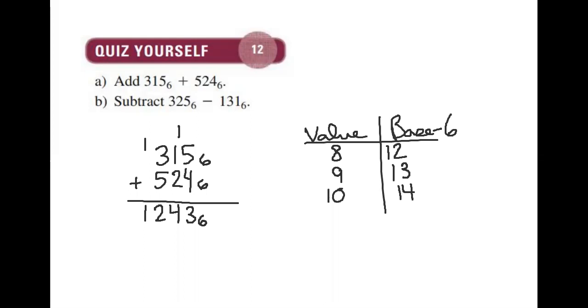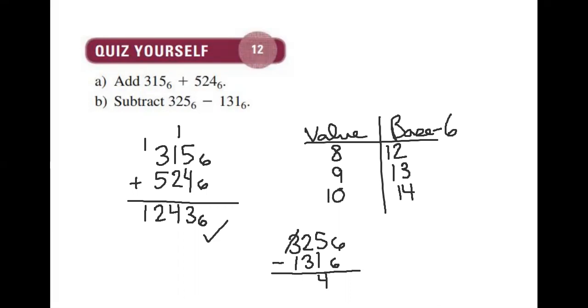And now to subtract. If we subtract 131 base 6 from 325 base 6, then what do we have, right? Well, one away from 5 is 4. That's fine. We can handle that. But we can't take 3 away from 2. So we're going to borrow.